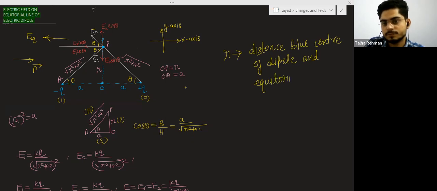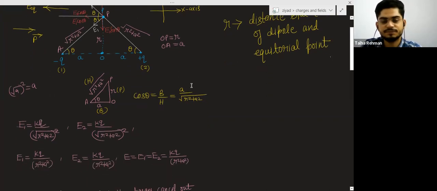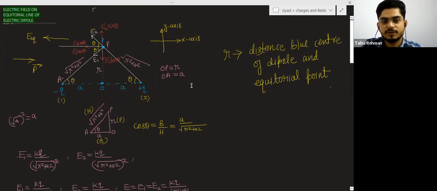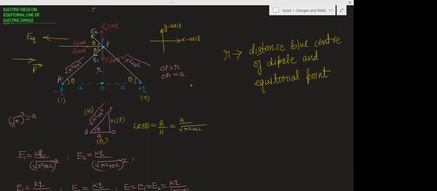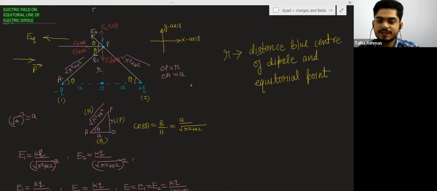And a, we already know a. Theta is the angle between the dipole and this, and nothing else. In horizontal direction, we are considering x axis. In vertical direction, we are considering y axis.